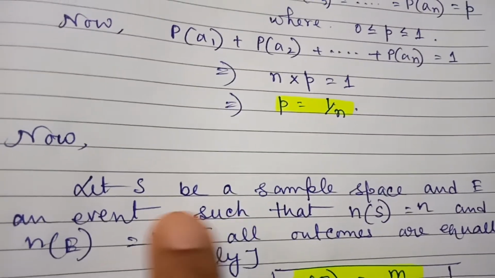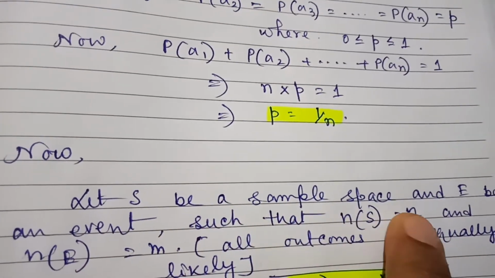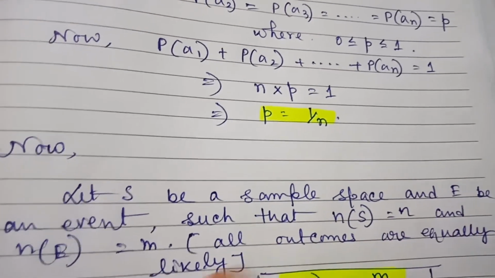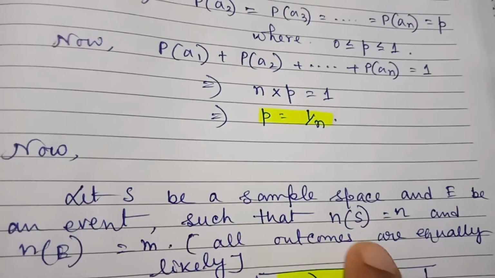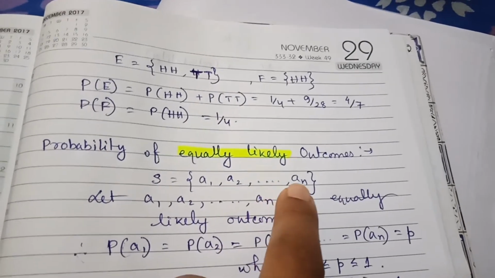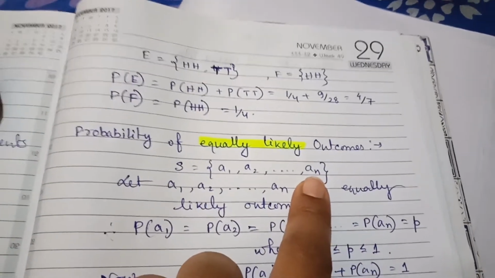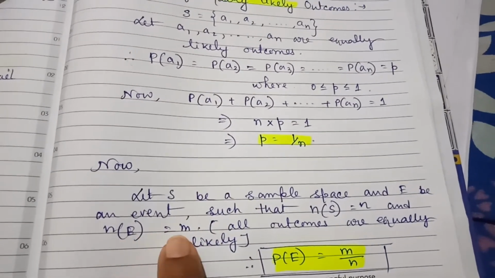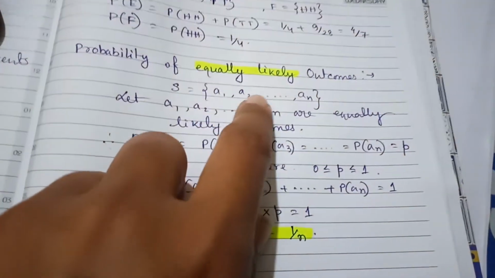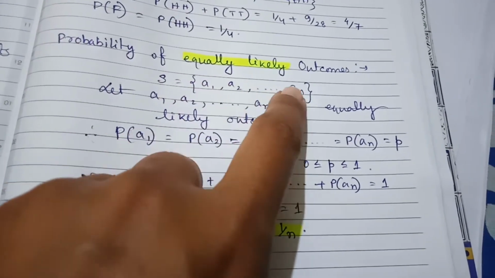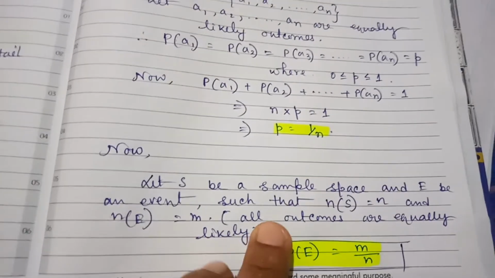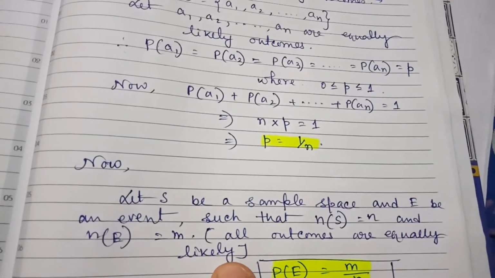Now let S be a sample space, in general I'm telling, and E be an event such that N of S equals N, like this. And suppose E is an event such that N of E equals M, where obviously M is less than or equal to N. All outcomes are equally likely, we are taking.